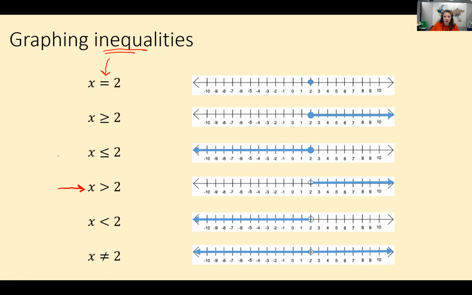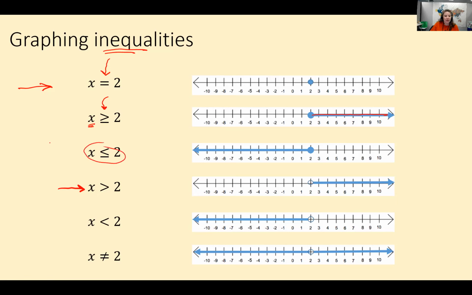Okay, another thing I want to point out on the screen is as long as your variable is first, your arrow is going to point in the direction of your inequality sign. So if I made this sign right here an arrow, it would be pointing to the right. And that's how this is pointing to the right. Same is true with this one.